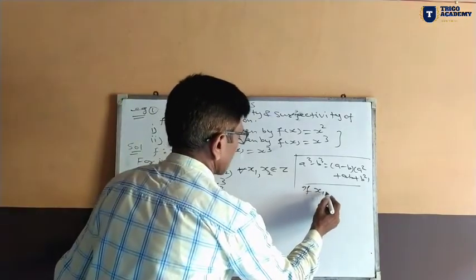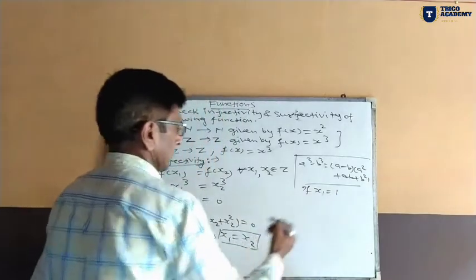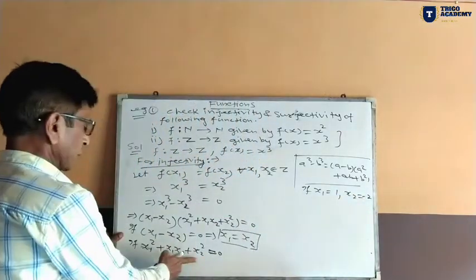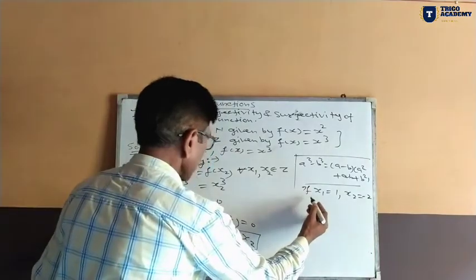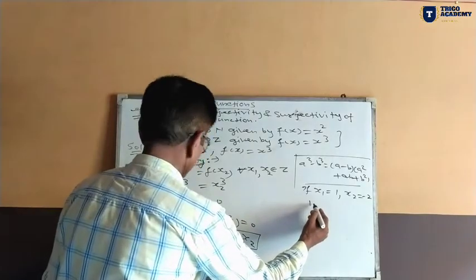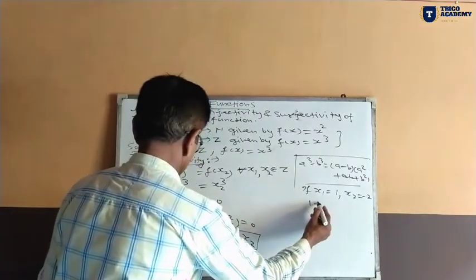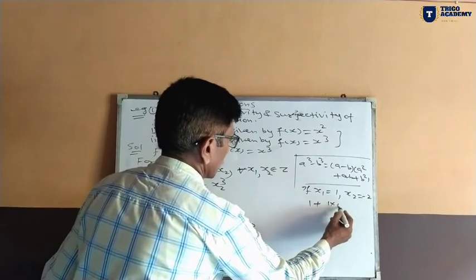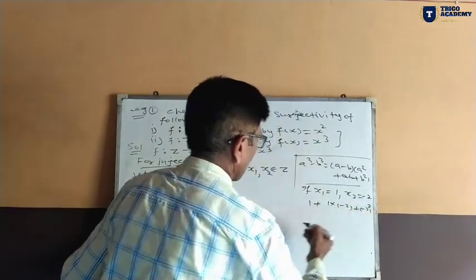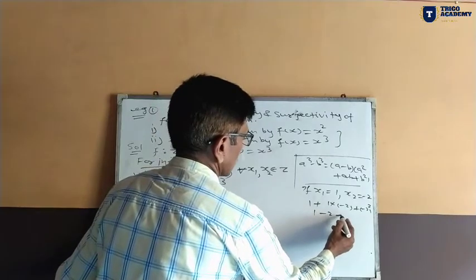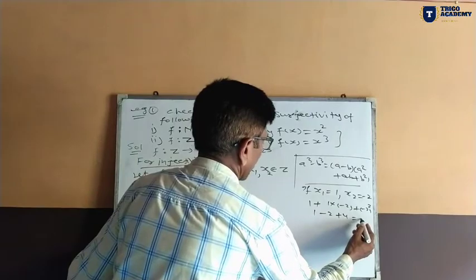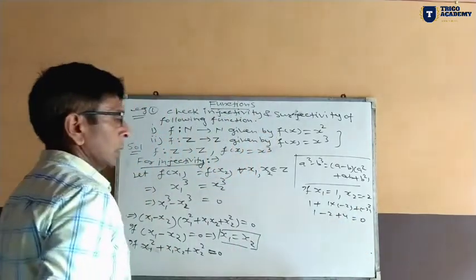Suppose we take x1 equal to 1 and x2 equal to minus 2. After putting here x1, 1 squared, and 1 into minus 2, and after that minus 2 squared, so this is 1 minus 2 and 4, equal to 0.